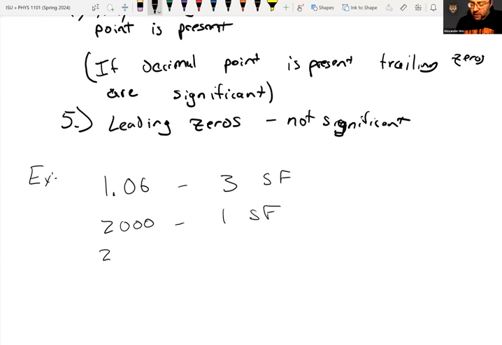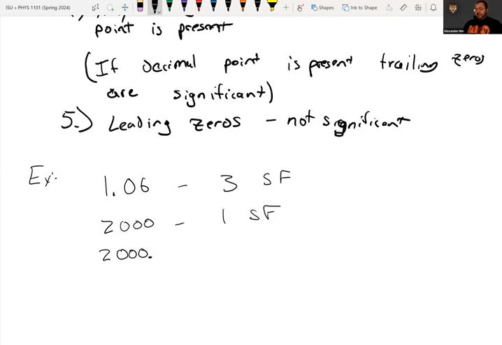Here's what I was talking about if a decimal point is present. If we have 2,000 and then a decimal point, you'll see this written occasionally. The reason they write that decimal point there is to tell you that all those trailing zeros are in fact significant. What the first one is telling you is that it's about 2,000, which means it's greater than or equal to 1,500 and less than 2,500.